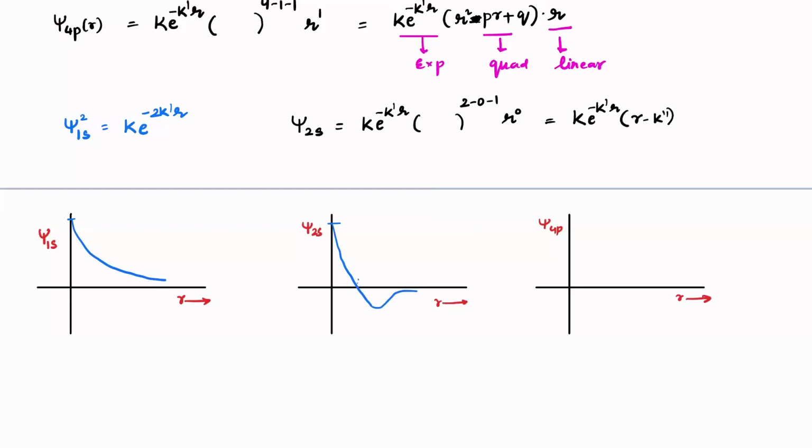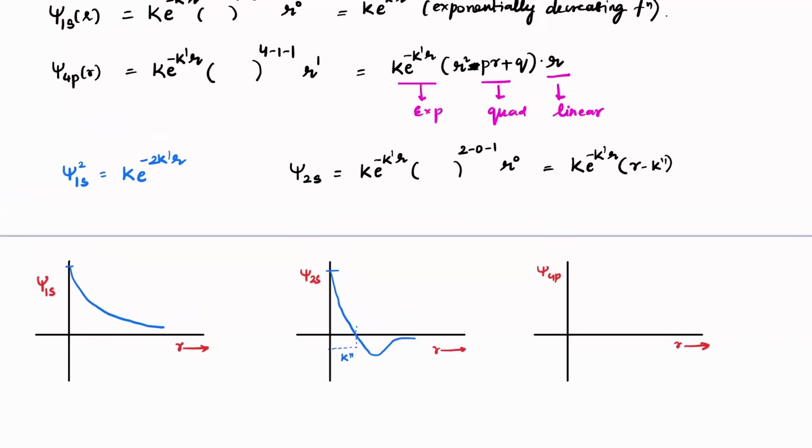It will touch at a distance of k double dash. Got it? So that will be the psi of 2s. Now, if at all I have to find out the psi of 4p here, how do I find 4p? In the case of 4p, you will notice that it is exponentially decreasing, correct?